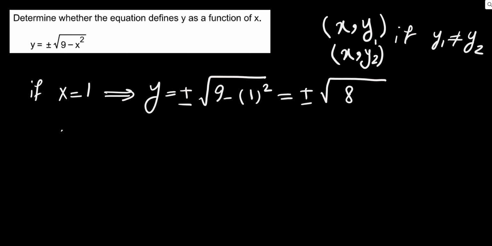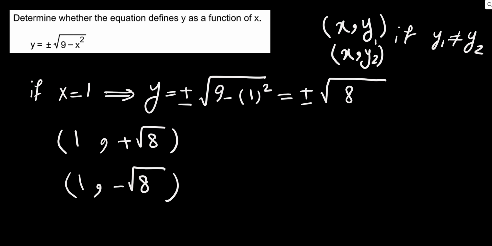You see that when the input is 1, the output can be positive square root of 8, and at the same time, the answer can be negative square root of 8. We have the same exact input, but the outputs are different.